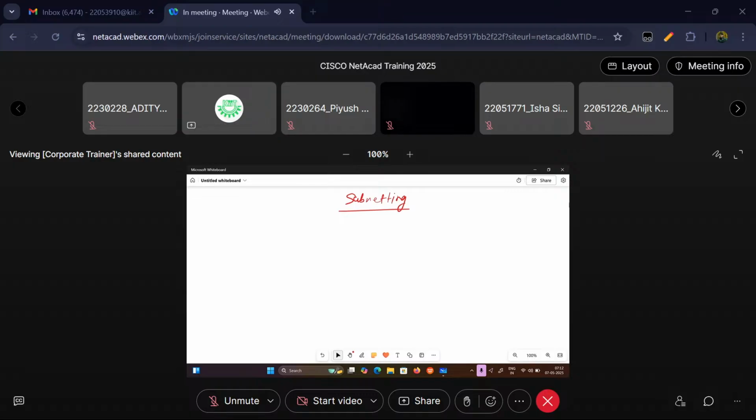So it is a method of dividing a network into two or more networks. This technology or method is known as subnetting.